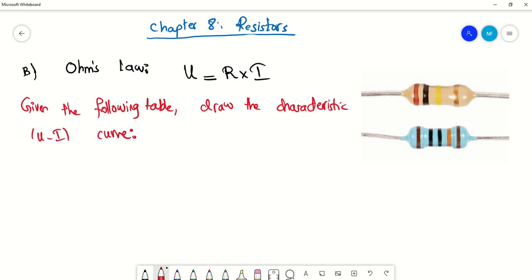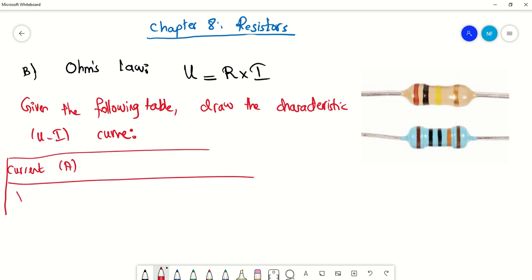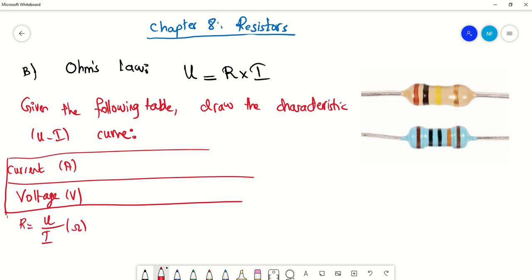Let's see what's given in the table. The table has 3 rows. The first gives the current in ampere. In the second row we have the voltage in volts, and in the third row we have the resistance that's equal to U over I, and its unit will for sure be ohm. Let's start.